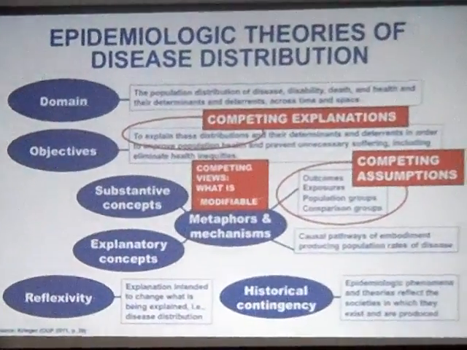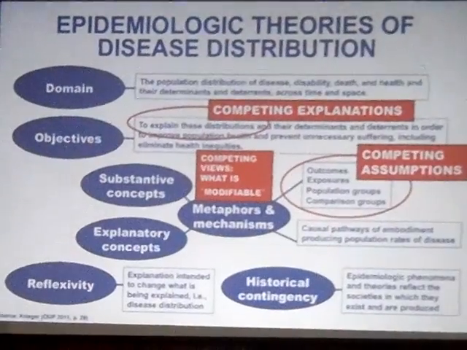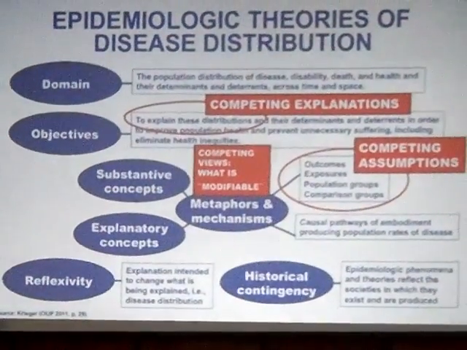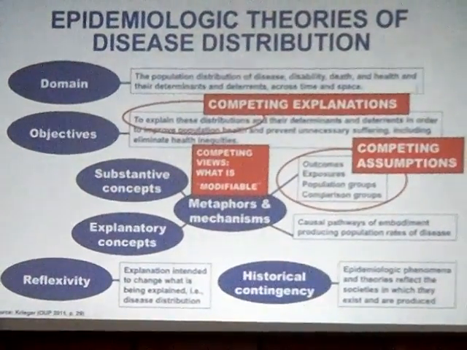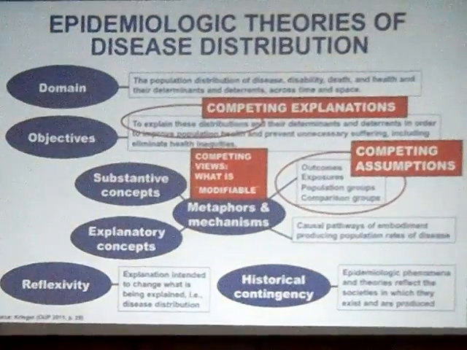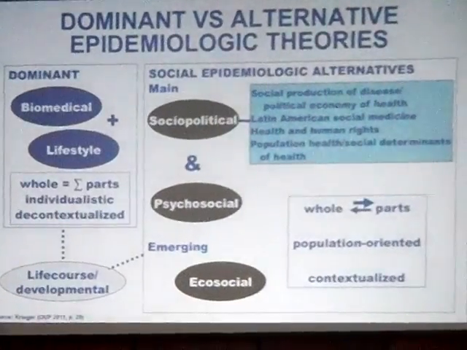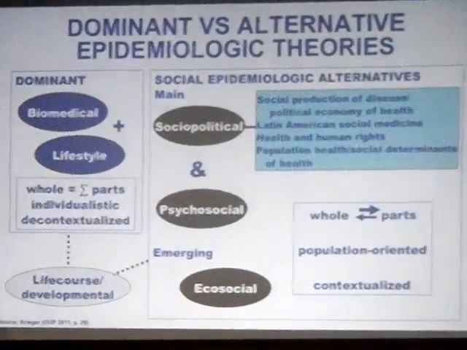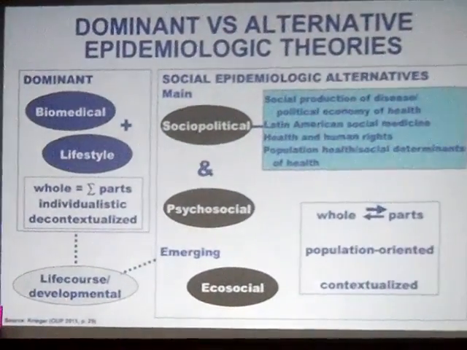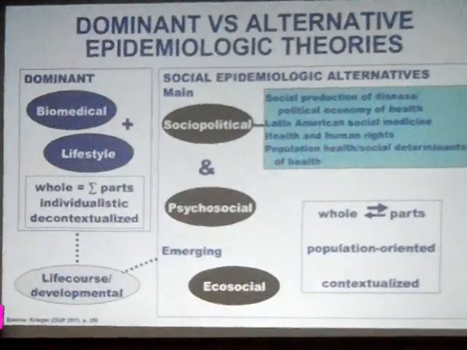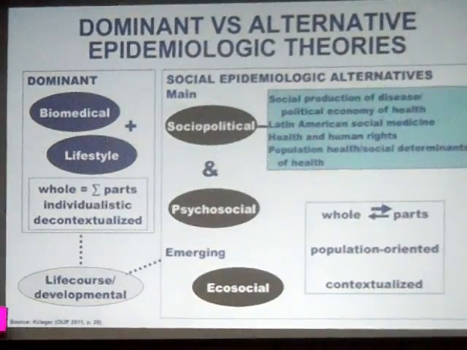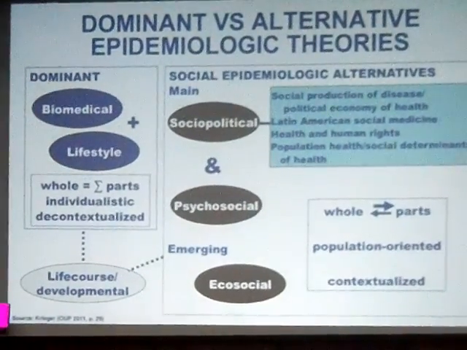How does this play out in contemporary epidemiology? Let me provide an overview of the different disease theories in use, after which I'll offer a very concrete application to show why choice of theory matters. On this slide, I list the leading dominant versus alternative epidemiologic theories of disease distribution informing contemporary research. The dominant frameworks are biomedical and lifestyle approaches.